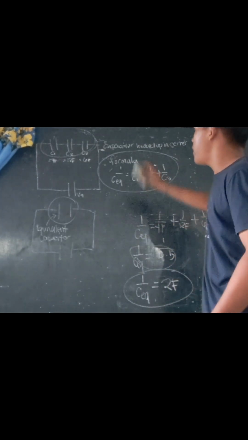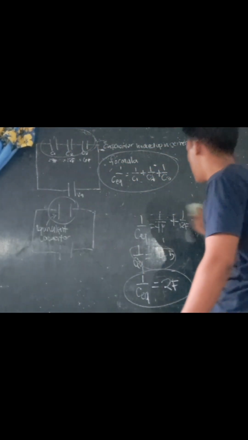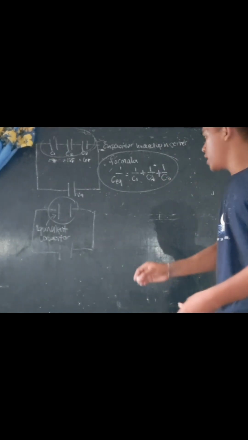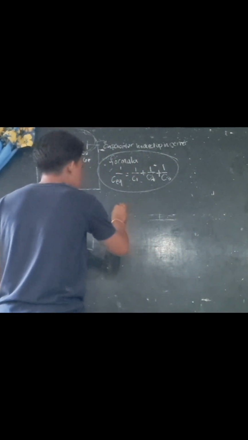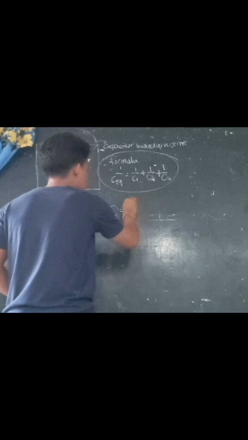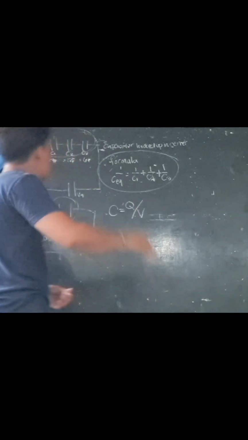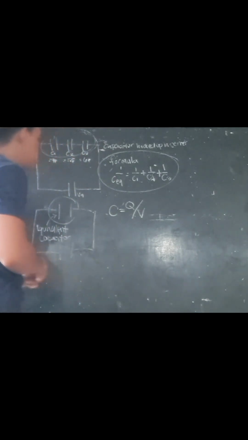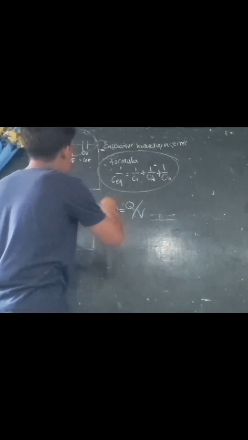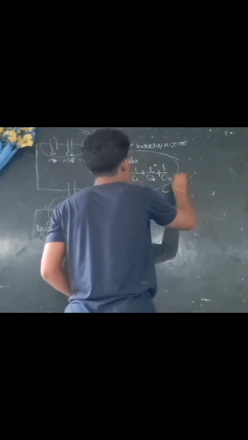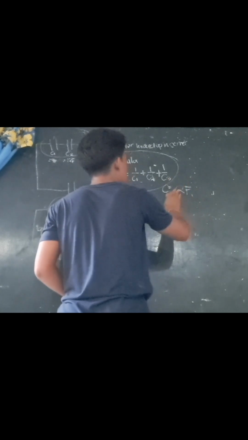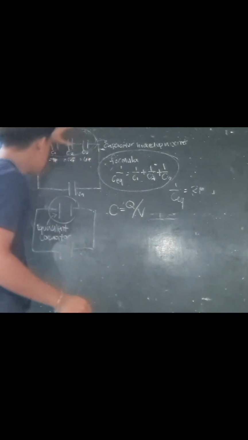Now we will find the charges of the 3 capacitors, for which we are going to use the formula capacitance equals electric charge over voltage.